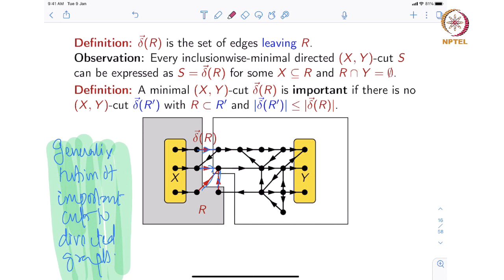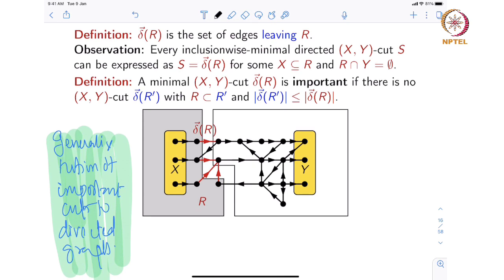However, we will take a slight turn, and what we are going to do is generalize the notion of important cuts to directed graphs. So it's a very natural direction. Because we are talking about directed graphs, we have edges that leave some set, or edges that come inside this set.